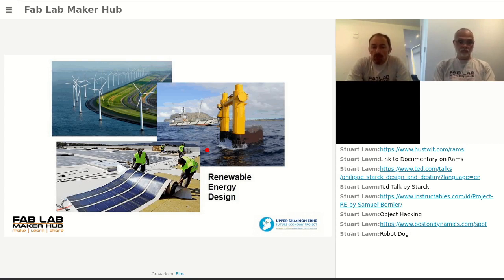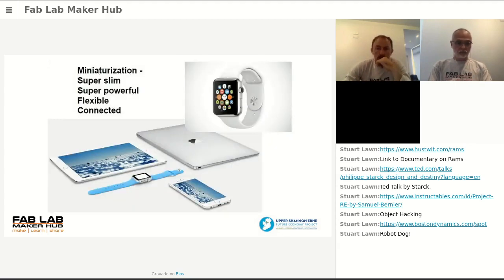Now we're seeing huge change and a lot of innovation in the renewable energy area. Solar, wind and wave are transforming how we use energy, the type of energy we use, in a very positive way. And a lot of the material innovations are taking place in this area. So it's one to watch.